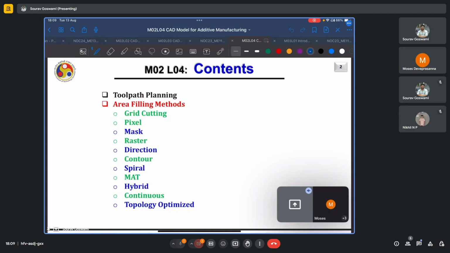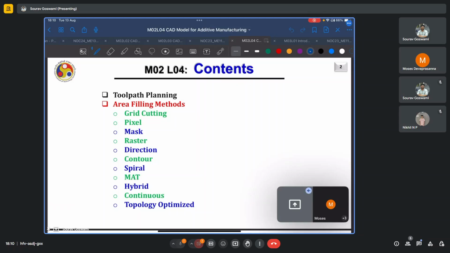We mostly focus on the area filling methods because that constitutes the maximum volume where the material is deposited. And in a way, we know that edge effects play a role such that the material properties and performance at the edges will anyway not be indicative of the performance in the bulk. And that is why we concentrate our efforts on studying the area filling methods in this lecture as well. So there are many methods, a few of which Professor Kapil has discussed in great detail.